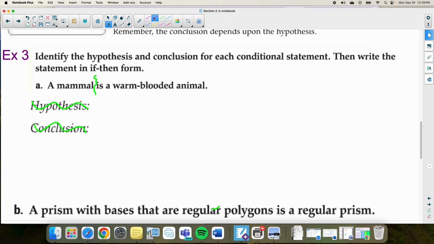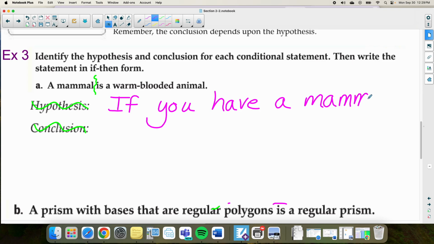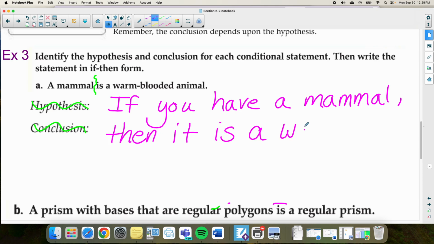So here's how I would do this. If I wanted to put if with this, I could say something like, if you have a mammal, if it is a mammal, something like that. So I'm gonna say, if you have a mammal, then it is a warm-blooded animal.